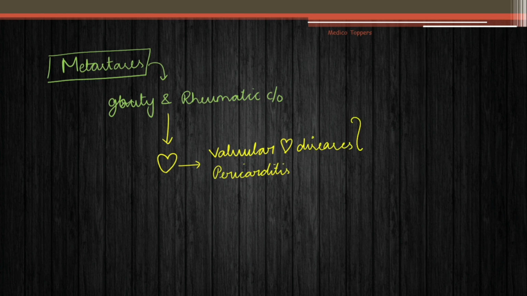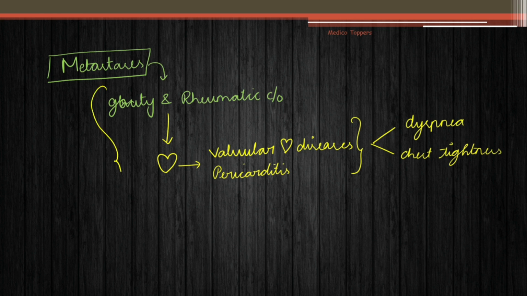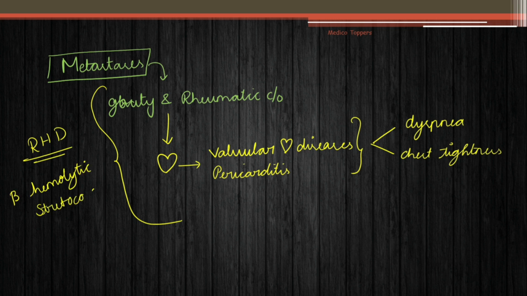Because of these conditions, we will get common symptoms such as dyspnea and chest tightness. This complete picture reminded me of rheumatic heart disease, which is caused by beta hemolytic streptococci, where it primarily affects the joints and moves towards the heart. This is a similar pattern of suffering we can see in colchicum also.